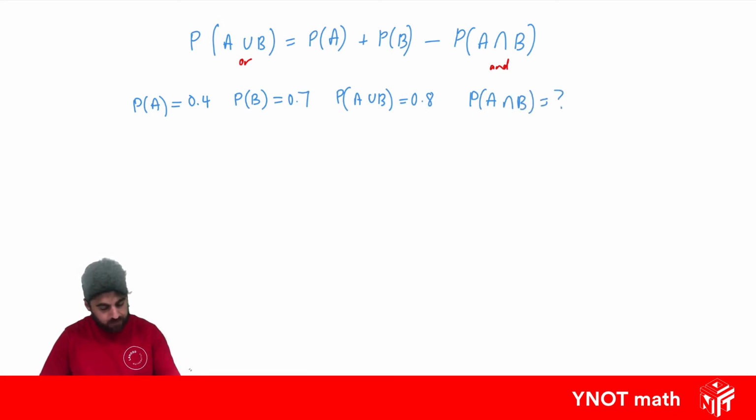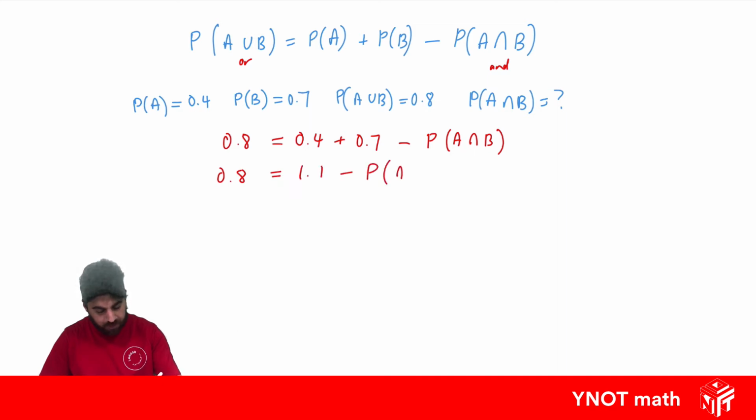So we can go ahead and just use our formula. If we know the probability of A union B is 0.8, it's going to equal the probability of A, 0.4, plus the probability of B, 0.7, minus the probability of A intersection B. So we just get 0.8 equals 1.1 minus the probability of A intersection B. And we just want to make the probability of A intersection B the subject.